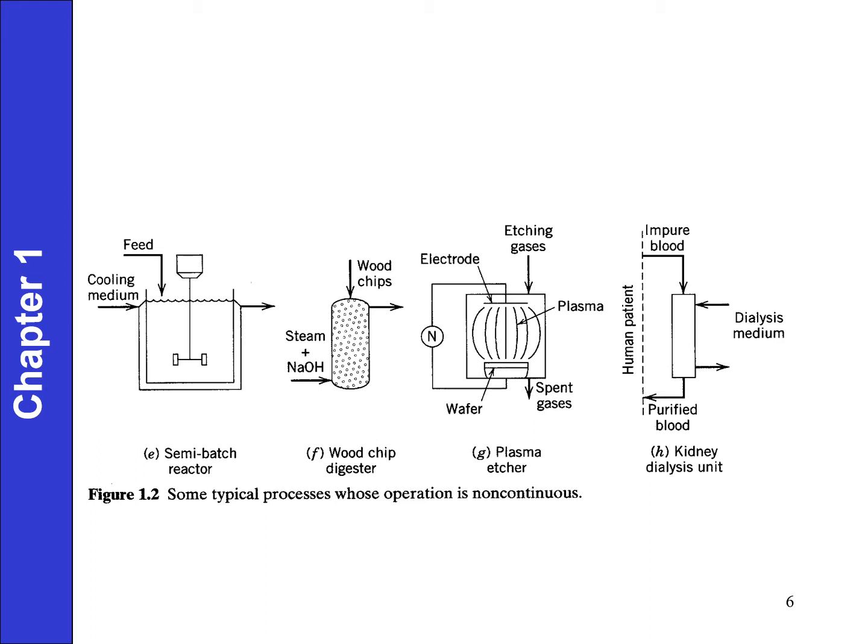The next thing we must know is another type of process after continuous, the typical operation that is non-continuous, or what we call a batch process.